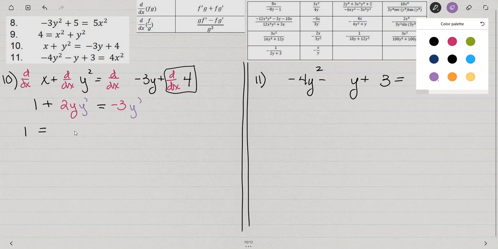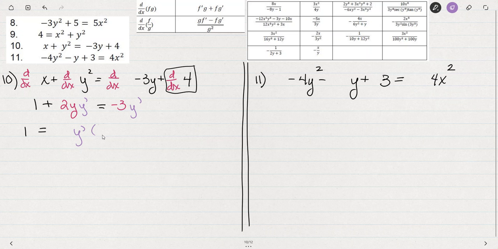And then on the other side, I'm going to kill two birds with one stone here. Hope I don't mess it up. But I've got negative 3. And then when I do minus 2y y prime, pulling out that y prime would be negative 3 minus 2y. And so then when I want to solve for y prime, I can divide both sides by that.